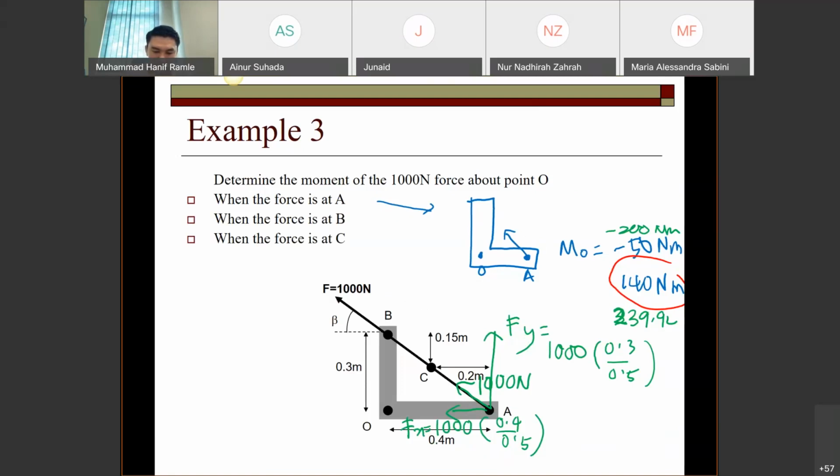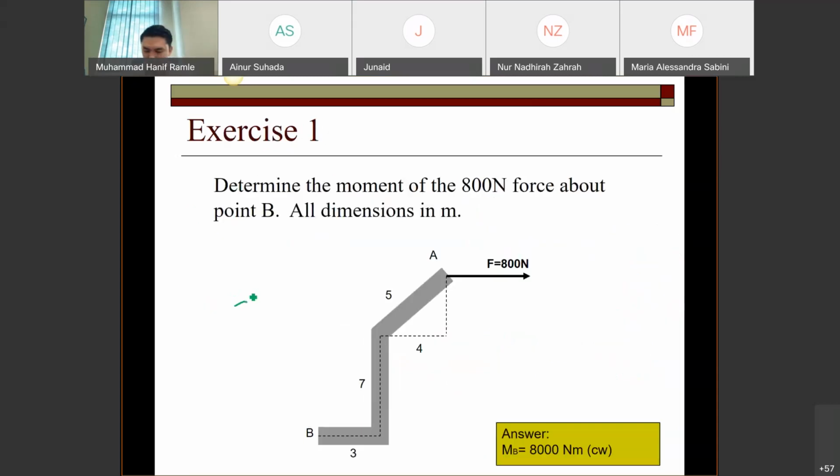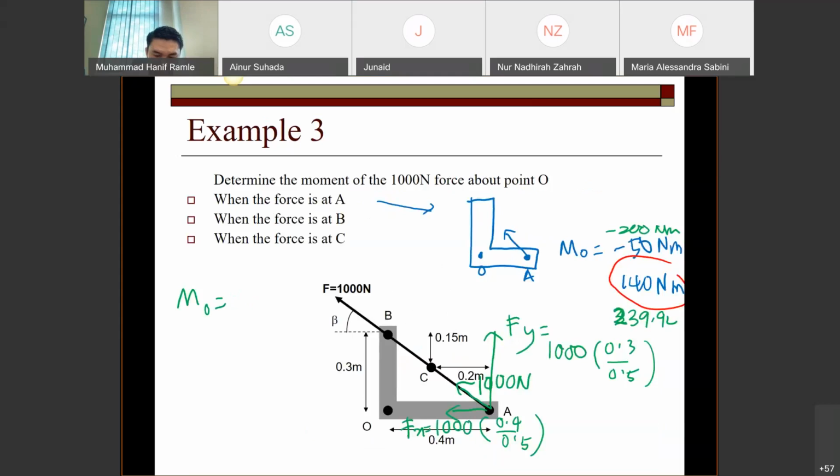If the moment is about point O, and you are looking at the force at A, the y component should be negative and the x component is positive.